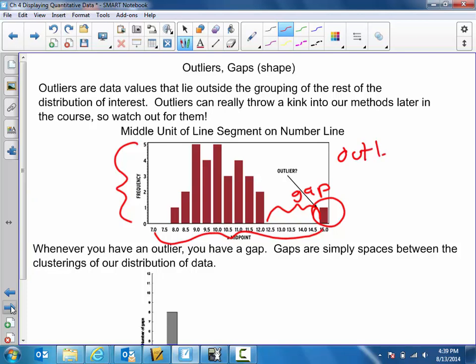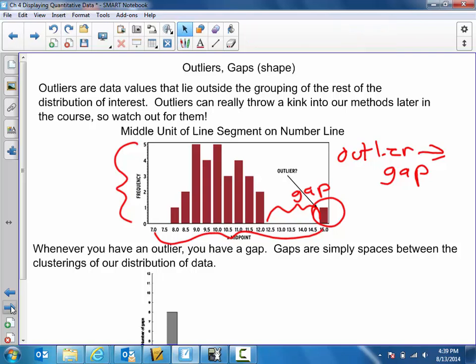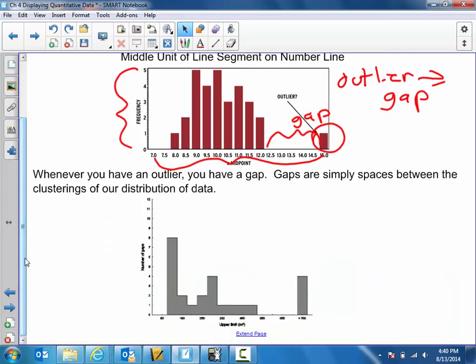Anytime that you have an outlier, you will automatically have a gap, just definitionally. Outliers have spaces between them and the rest of the distribution of the data.